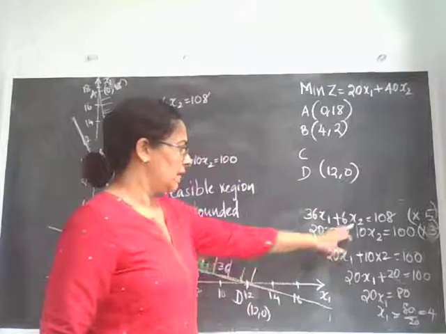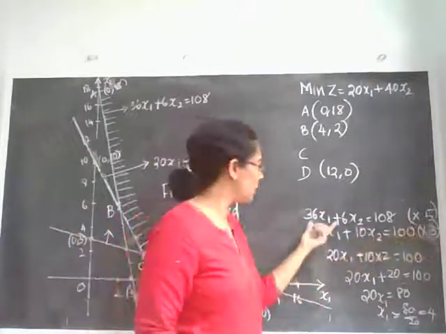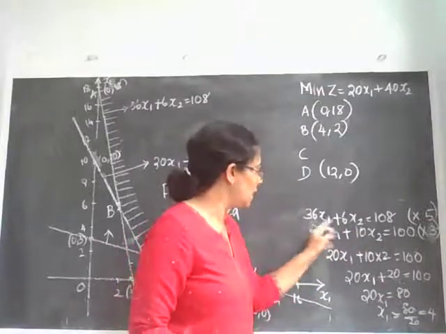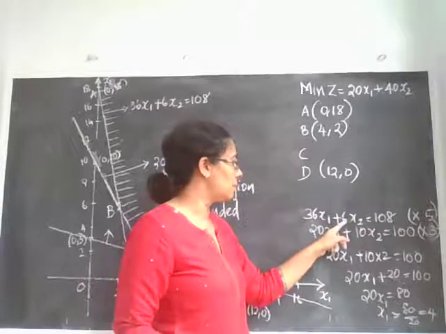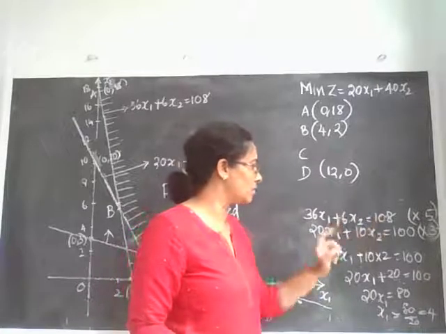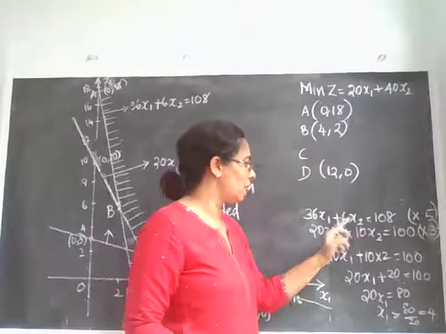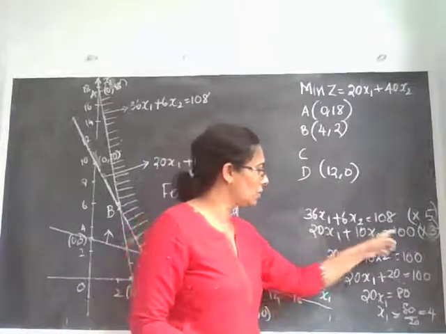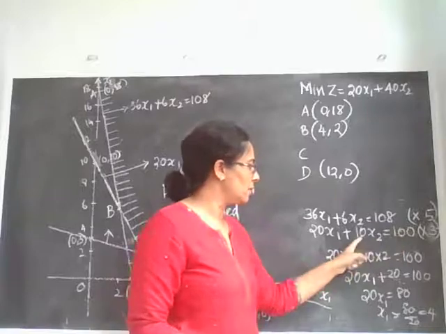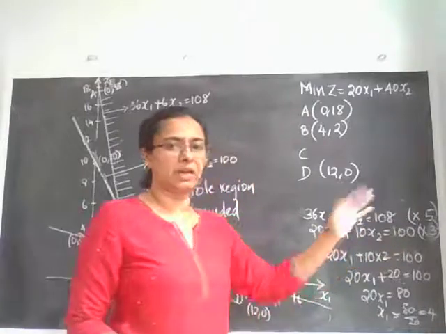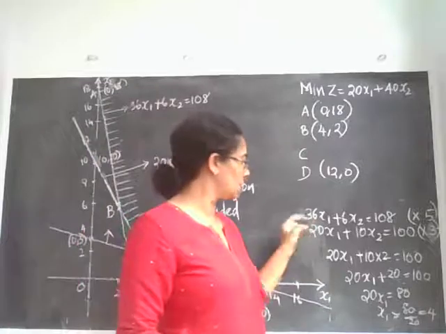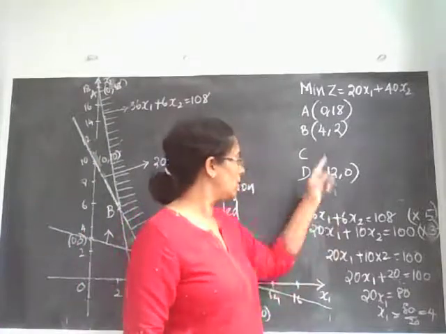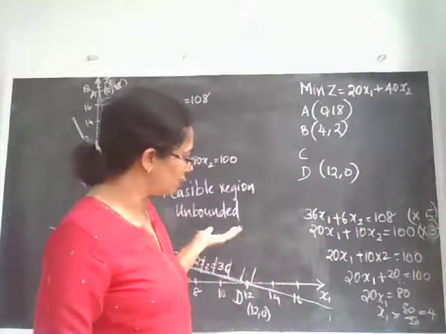Solve here. Last class you multiplied the first one with 5 and the second one with 3. So multiply 36 into 5 plus 60 into 5, then 108 into 5. Then the second equation, multiply by 3: 3 into 20, 10 into 3, and 100 into 3. So we have the value of x1.